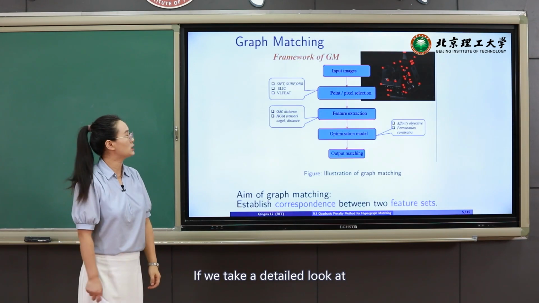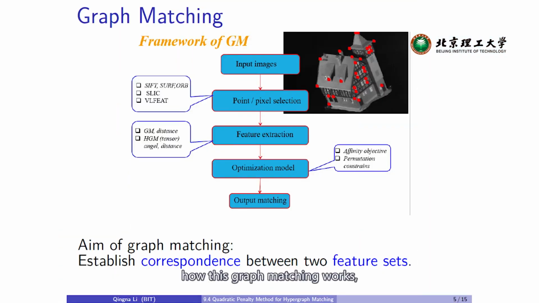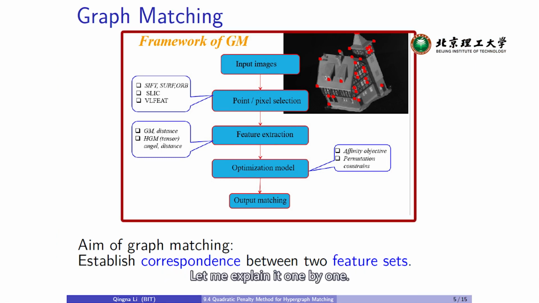If we take a detailed look at how graph matching works, it actually contains several steps, so let me explain them one by one. At the very beginning, we input two images, which are the images that we want to match. Then we use some algorithms to select the points or pixels, which are represented points in the figure.